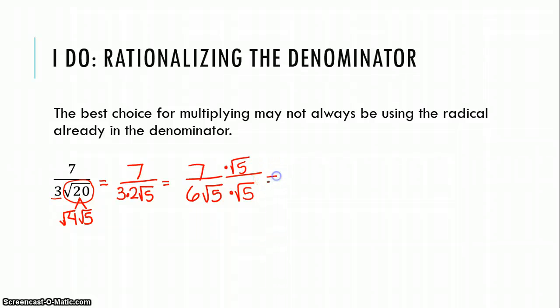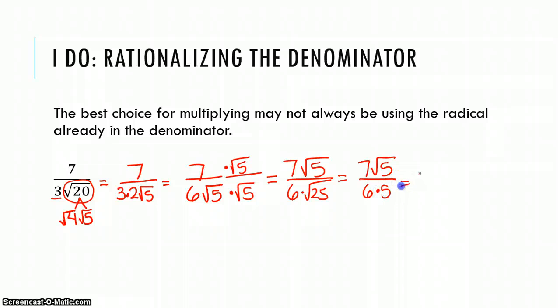So if I multiply by root 5 in the numerator and denominator, I get 6 times square root of 25, 7 root 5 over 6 times 5, 7 root 5 over 30. The idea is you're dealing with smaller numbers if you try to simplify your radical first.